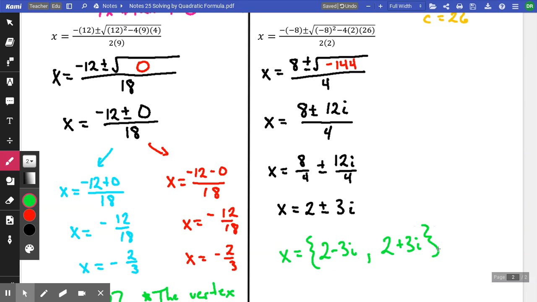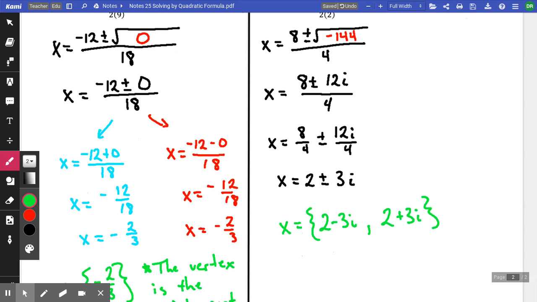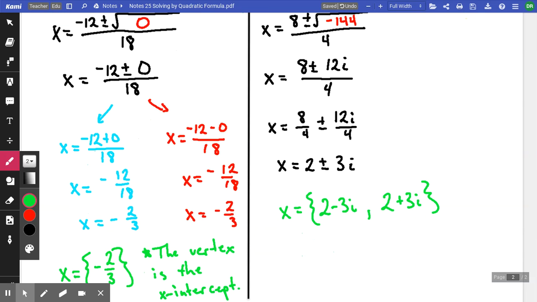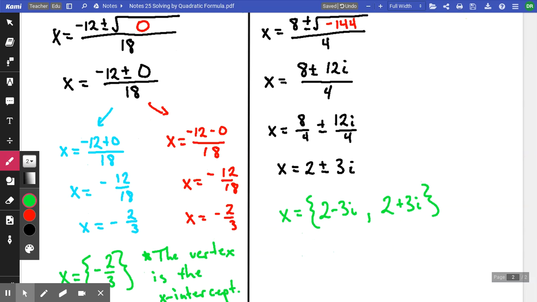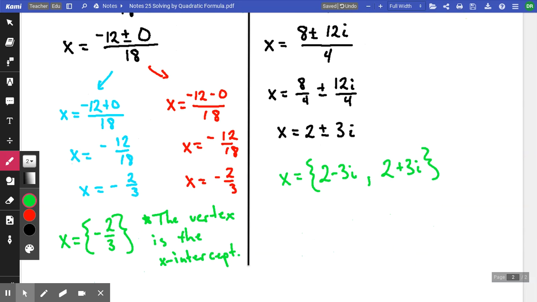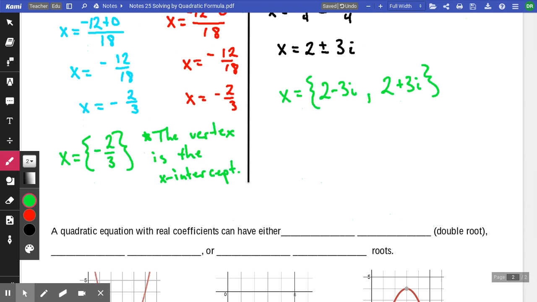But again, it's okay to just write this as your solution, the 2 plus or minus 3i. And that's as complicated as the quadratic formula is going to get for us. It's a very handy tool in terms of needing to know what our solutions are, especially if we want to know what exact solutions are, instead of decimal approximations that we might see on a graphing calculator.